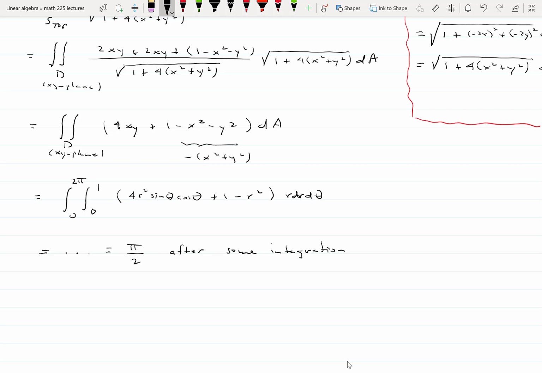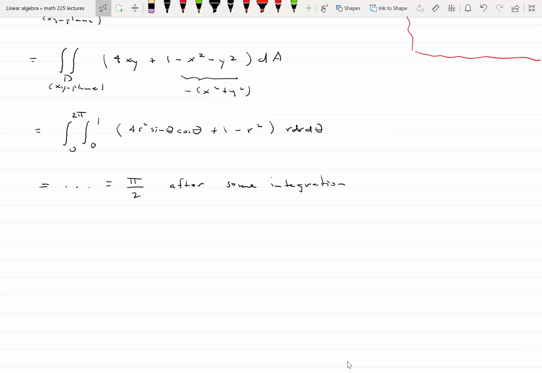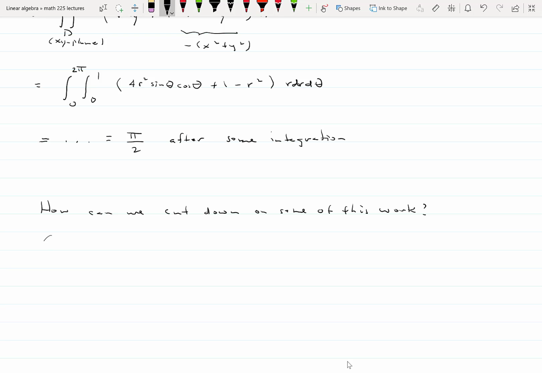I'd like to know, and this is really a big question here, how can we cut down on some of this work? Unless you're familiar with the divergence theorem, the answer is I don't know, which is just fine. So this is coming up soon. That's really the big reason why I've come up with this particular example.